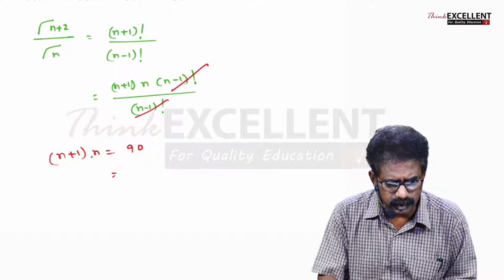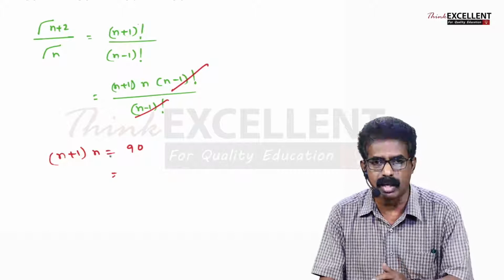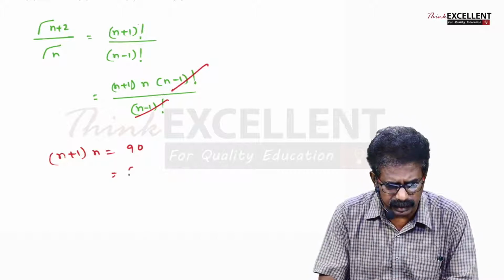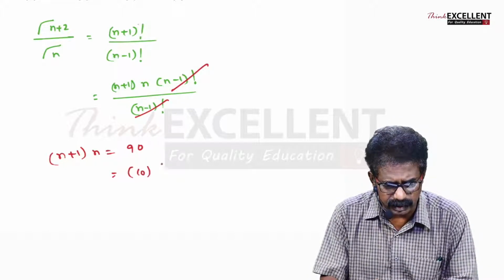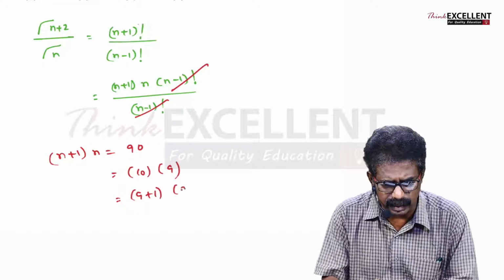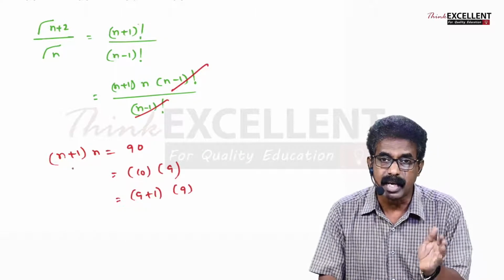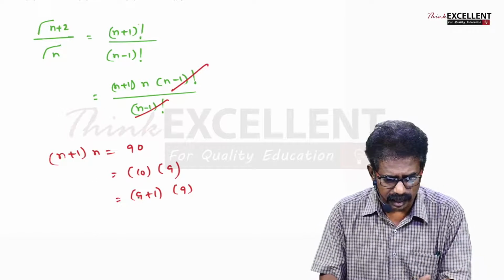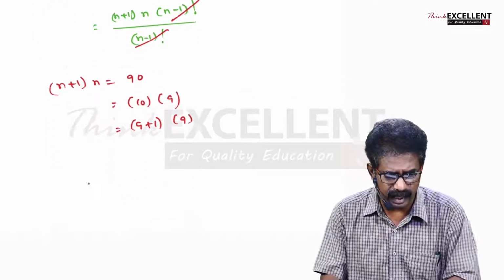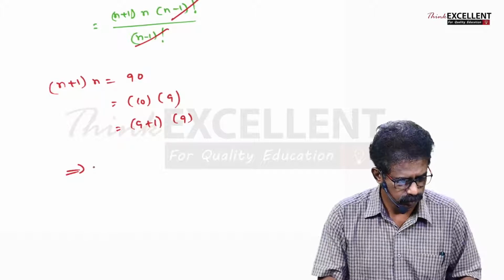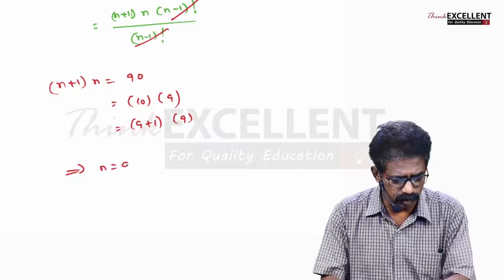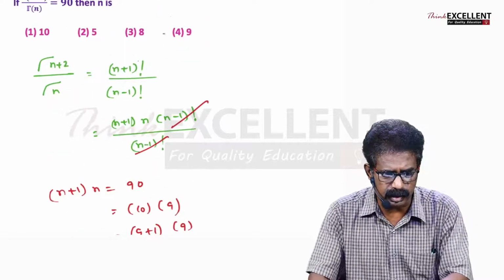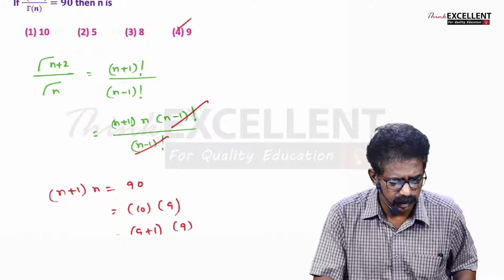The product of two consecutive numbers, greater into smaller, n plus 1 into n, you can write as 10 into 9. 10 is the same as 9 plus 1, into 9. This is exactly of the type n plus 1 into n, so instead of n we have 9. So your answer is n equal to 9. The correct option is option number 4.